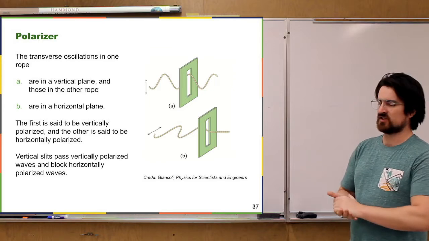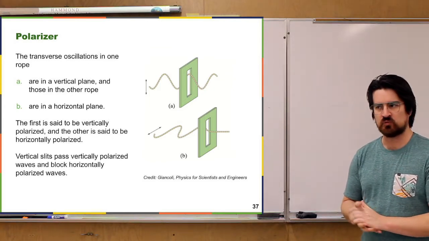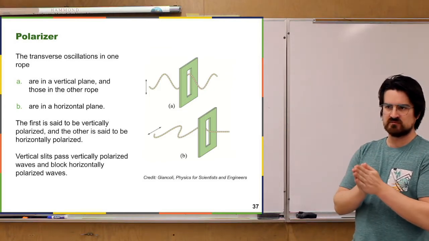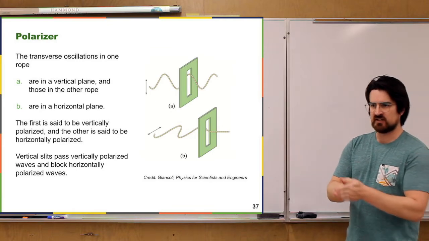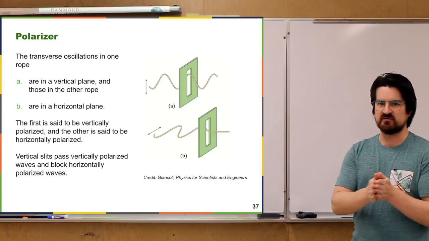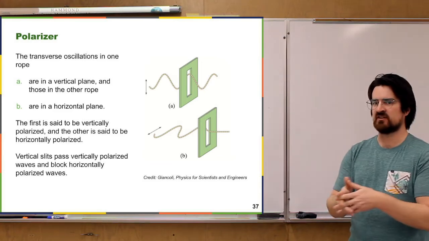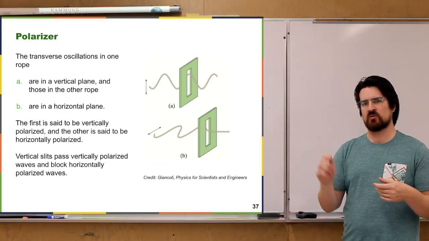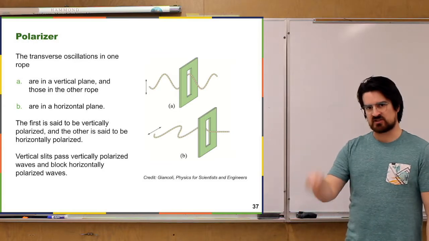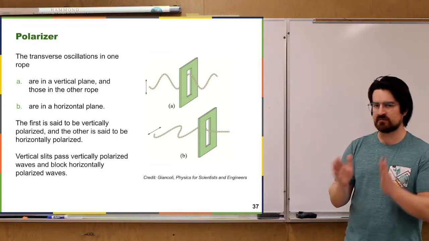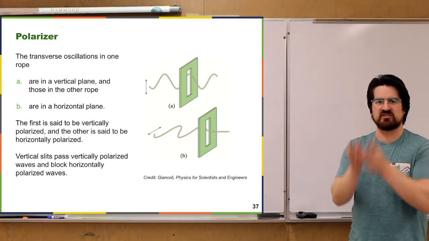Then there's something called a polarizer, which is a filter for electromagnetic waves, and it filters them by their polarization. We can use an analogy where, instead of an electromagnetic wave, think about the wave created when you oscillate a rope, and the polarizer is basically just a slit.